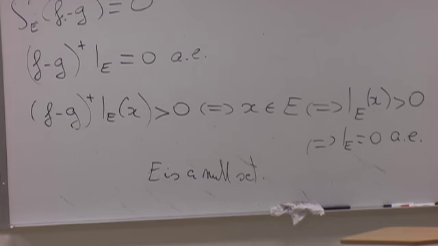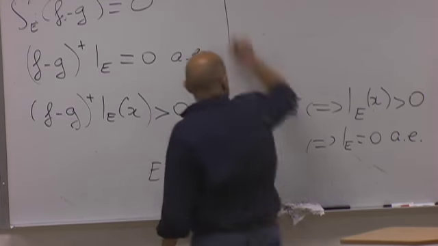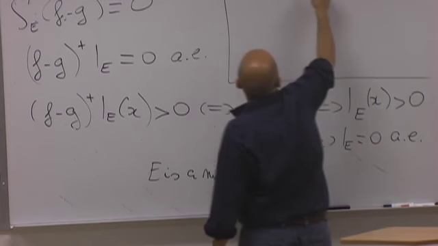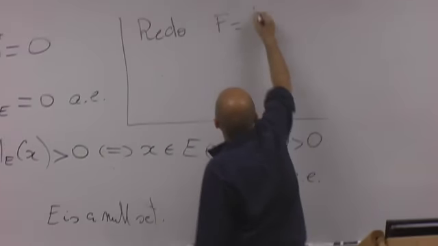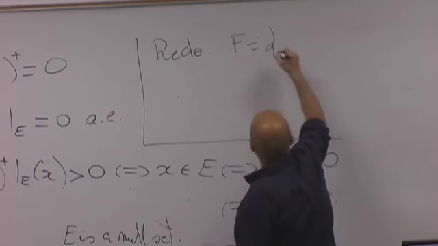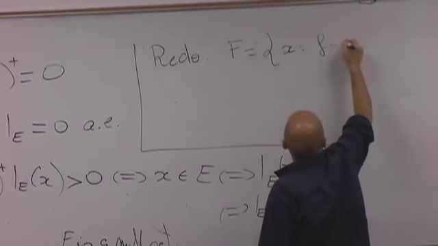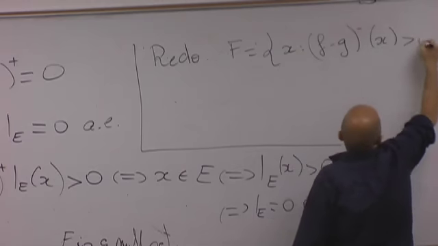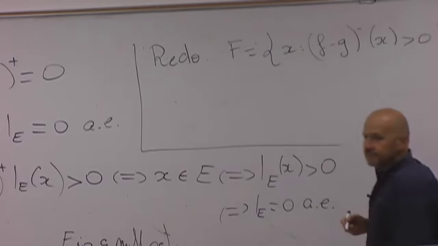So almost everywhere f minus g plus is not positive. Now there is nothing particular to f minus g plus. We can redo the whole argument. So we redo this argument with E equal to the x's for which f minus g minus is strictly positive.